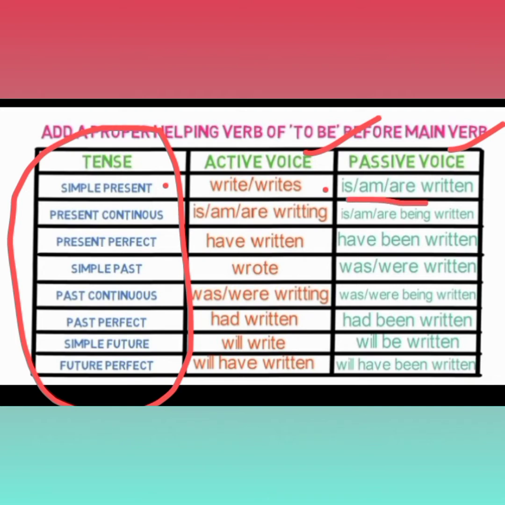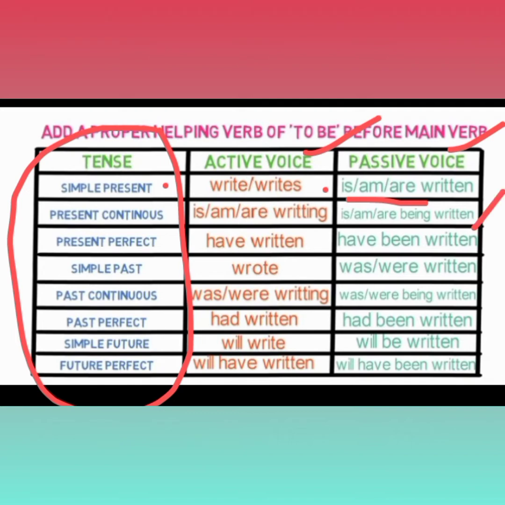Okay, when it is present continuous tense, the active voice will be in the form of is, are plus the ing form of the verb, here writing. It will be changed into passive voice by adding is or are plus being plus the third form of the verb, that is written.